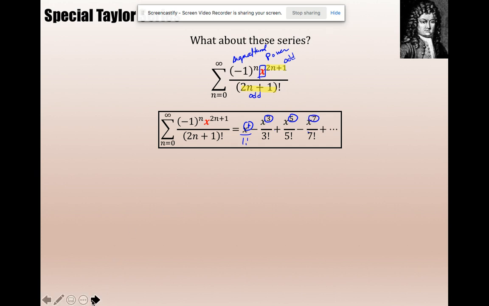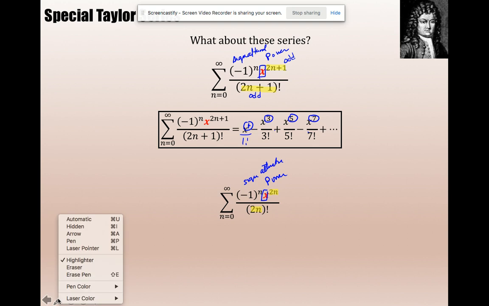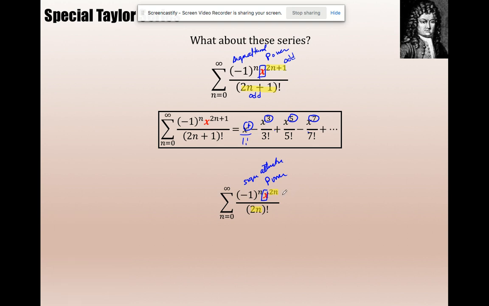Here's another one. I have a sign alternator. Here's my power series. And then n starts at 0, and what does n do? This time the power on x and the factorial also match, but what are they? They're not odd powers. What are they?